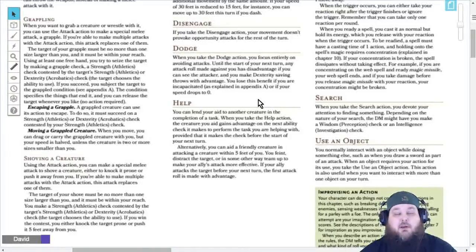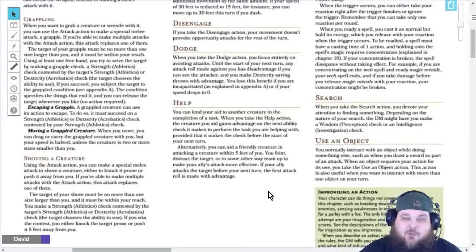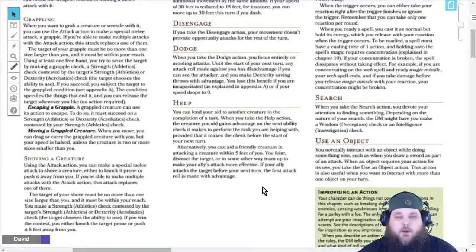Now the next one is also hardly ever used. I think help is probably less used than dodge. Help is when you lend your aid to another creature in the completion of a task. When you take the help action, the creature you aid gains advantage on the next ability check it makes to perform the task you're helping with, provided that it makes a check before the start of your next turn. I think that is great.